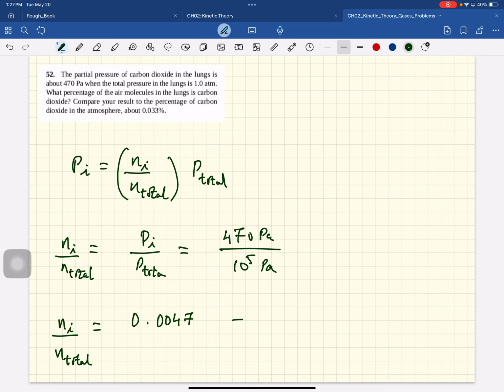Okay, and to get it in percentage, this is 0.47%. So 0.5% of the molecules are carbon dioxide molecules. In this room, the percentage of carbon dioxide is 0.03%.